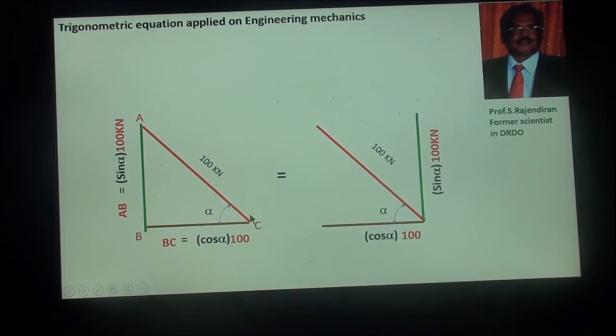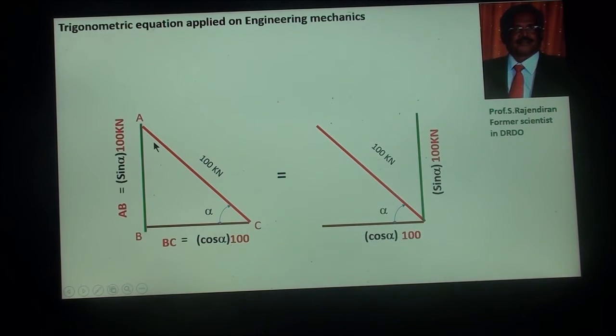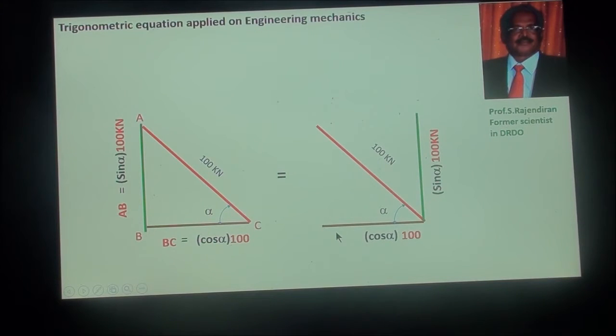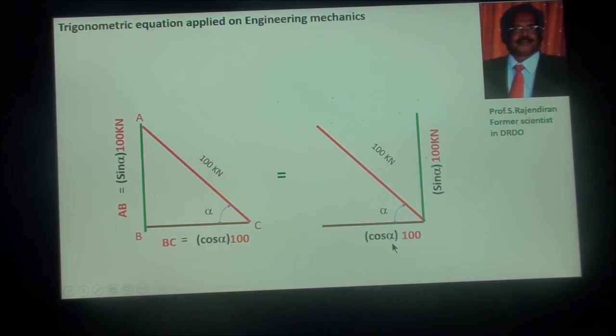This triangle can be changed like this. If you note, the 100 kilonewton remains the same, and BC, this horizontal line, is also the same, the value also the same.